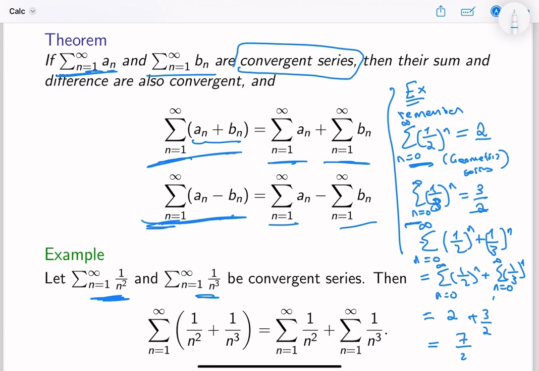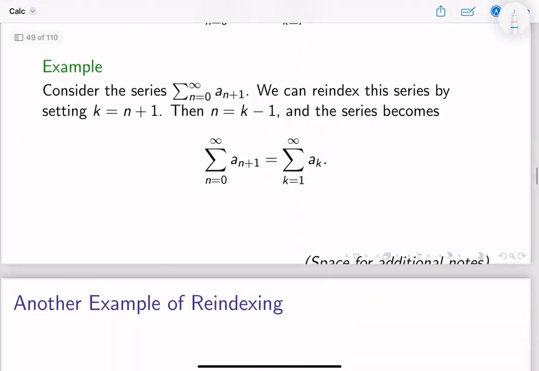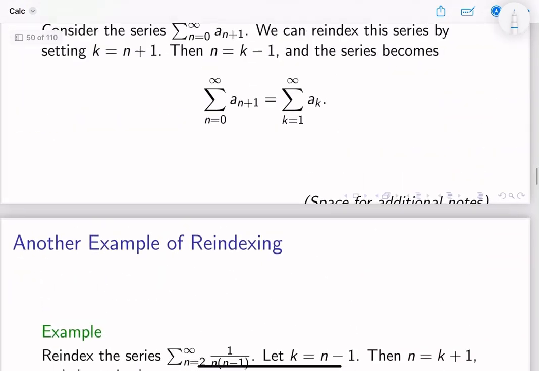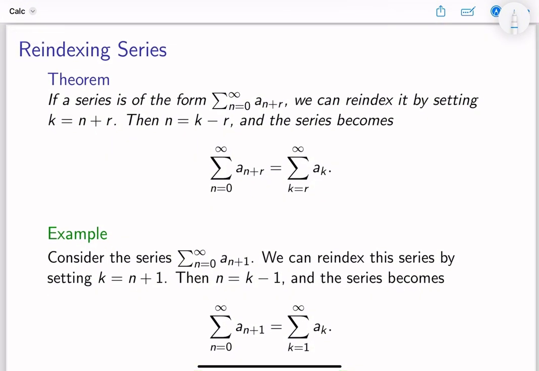Other than that, I just needed to cover how to re-index series, because this concept is very important. It's going to show up over and over again.